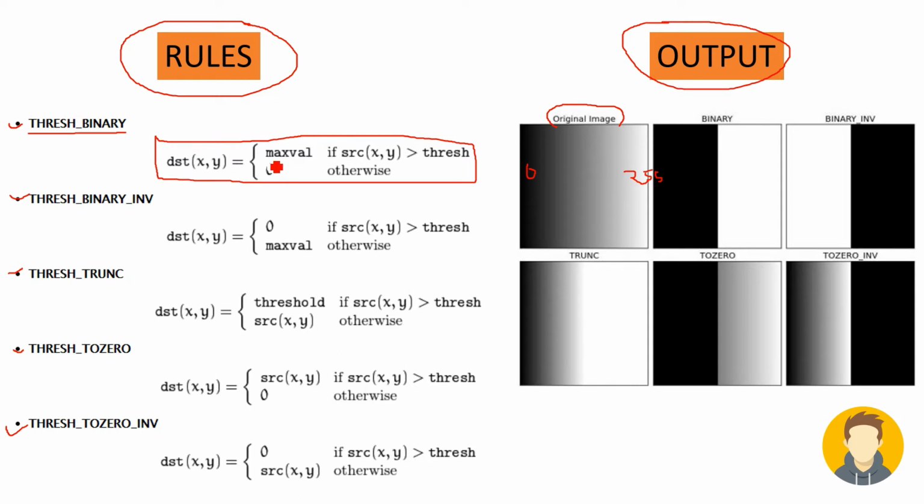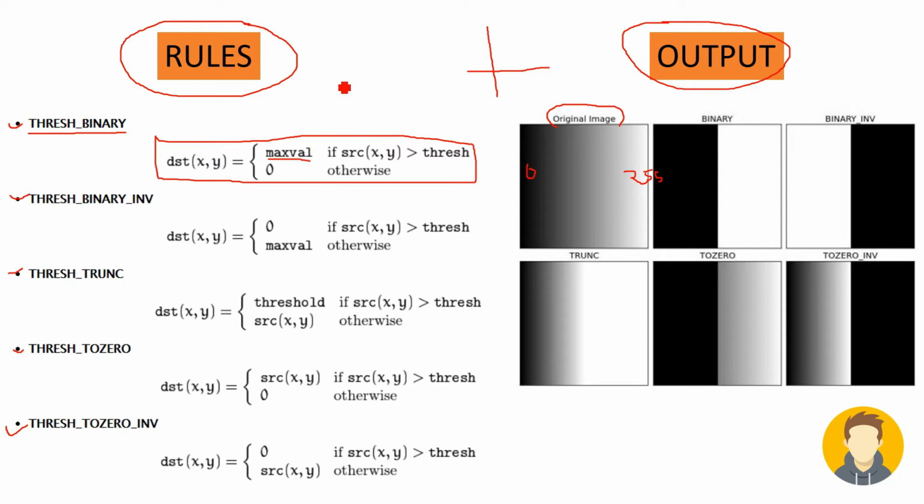You can see here the max value, and the source pixel at coordinates x, y, because an image is nothing but a numpy array, with an x coordinate and a y coordinate for each pixel. If the source at x comma y is greater than the threshold value, then we replace it with the maximum value.